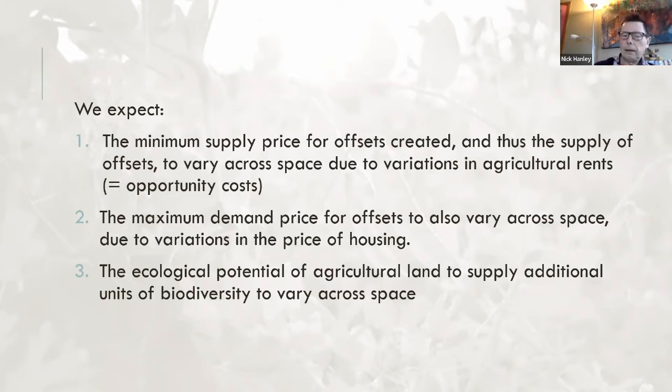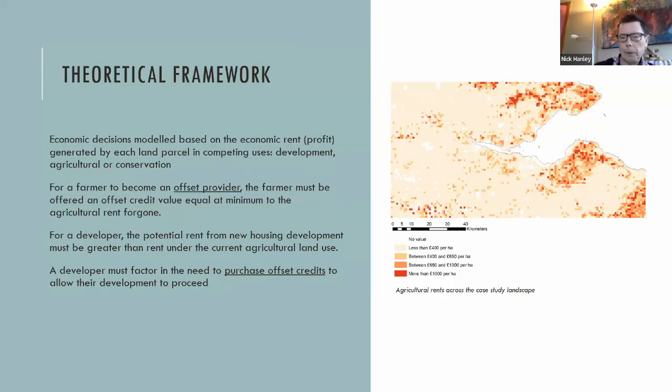And finally, a third source of heterogeneity here is going to be the ecological potential of agricultural land to give us additional units of biodiversity. So again, going back to that picture, we're not expecting that for all of those grid squares, currently down to agriculture, that we get the same increase in biodiversity from switching from farming to conservation.